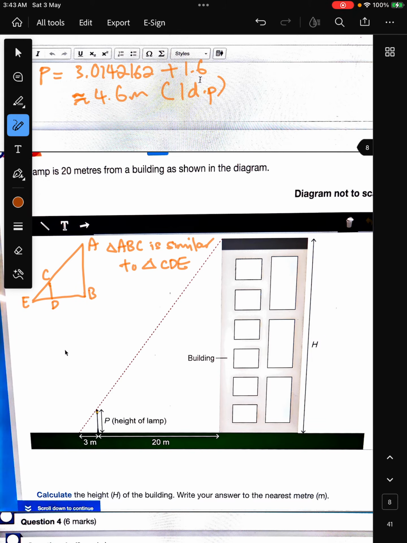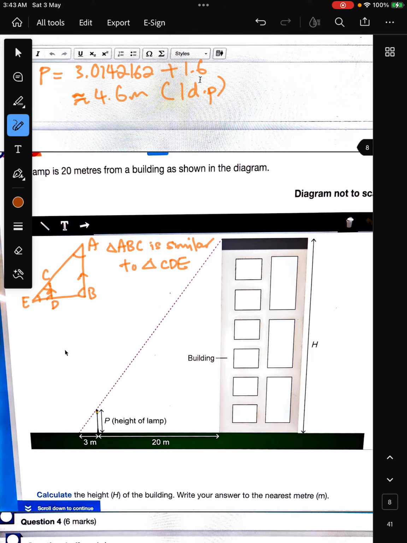Now if these two are parallel lines, then angle A is always going to be equal to angle C, angle B is going to be equal to angle D, and of course angle E, they share the same angle. So that's why all 3 angles are the same, and that's why these 2 triangles are similar.